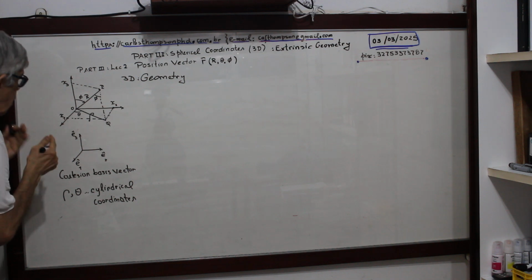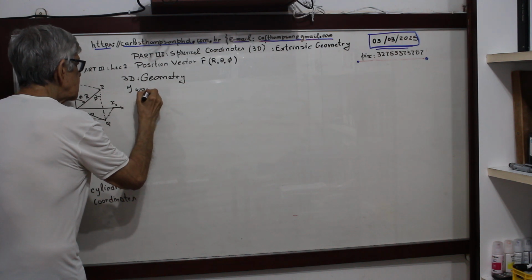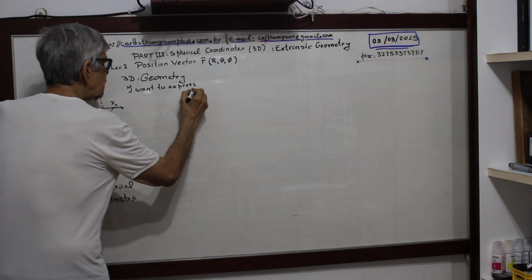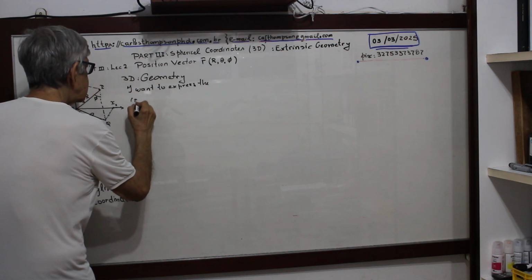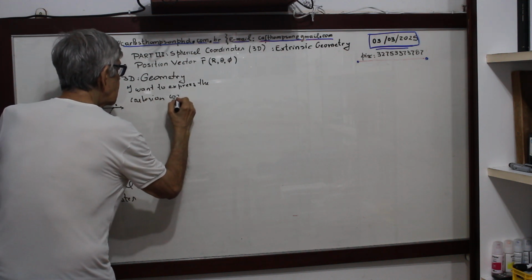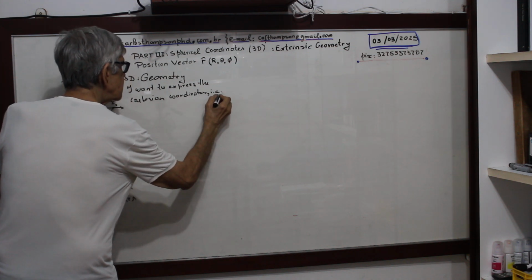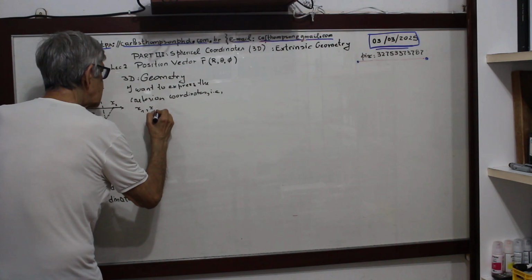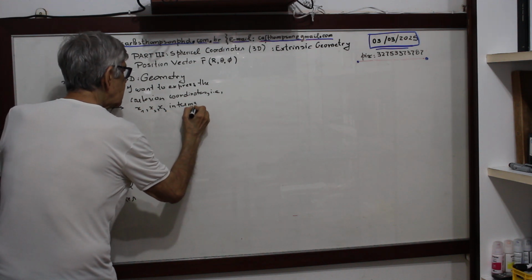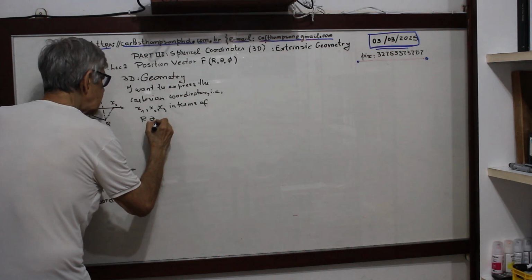What I want is to express the Cartesian coordinates, that is x1, x2, x3, in terms of r, theta, and phi.